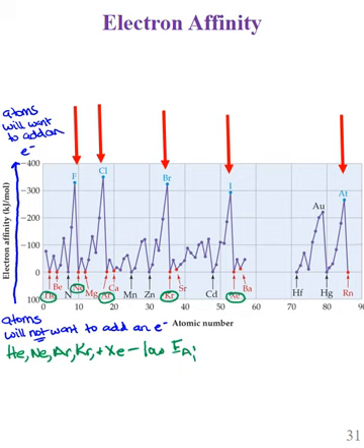And noble gases are very, very stable. They have a full shell. They don't want to add an electron because that would ruin their full shell.